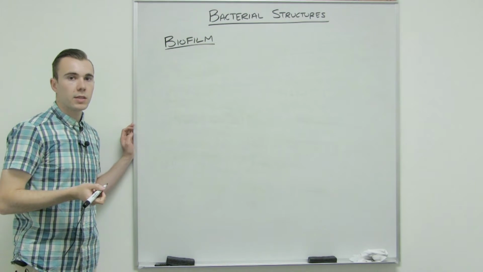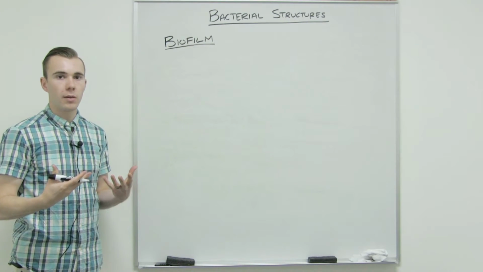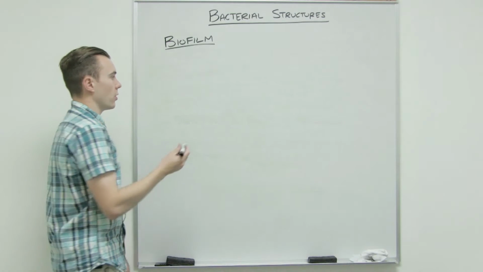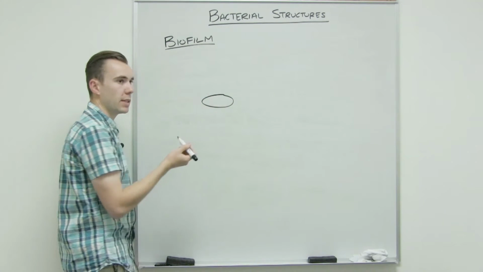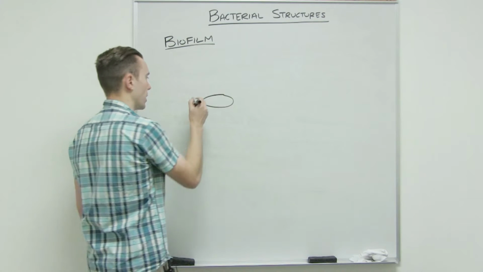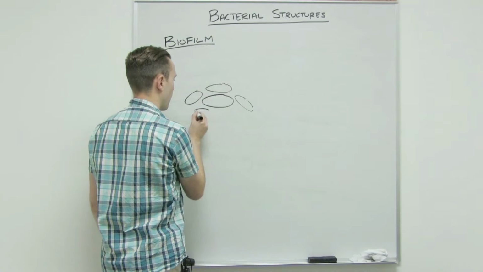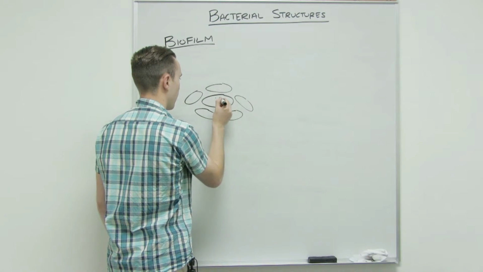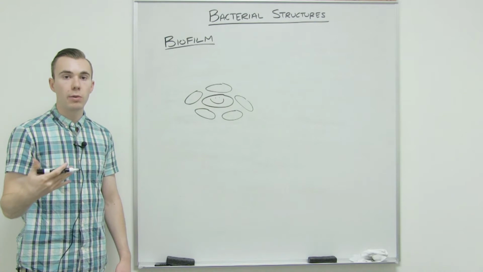So biofilms are something that you find when you have a group of bacteria. With biofilms, you're going to get a bacterium that's by itself, but you're going to get many of them that come together. And that makes that bacteria that has its friends around it a lot happier.